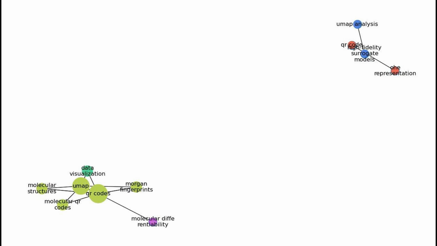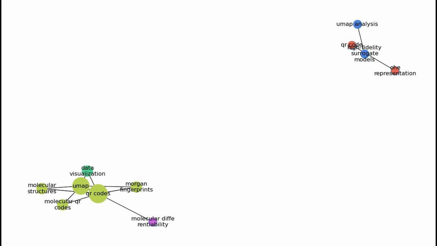UMAP is a technique that helps visualize complex, high-dimensional data in a simpler, two-dimensional format, allowing researchers to see patterns and relationships more clearly. When applying UMAP to the molecular fingerprints, including QR codes, Morgan fingerprints, and one-hot encoding residues, distinct clusters emerge for the QR codes.